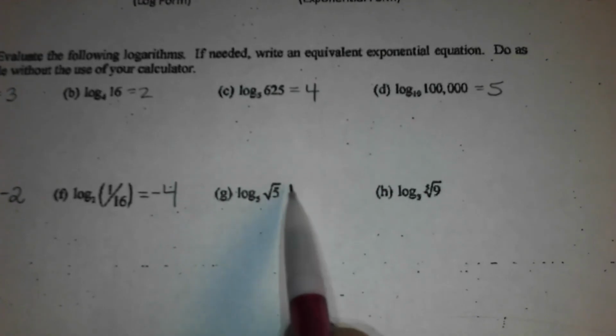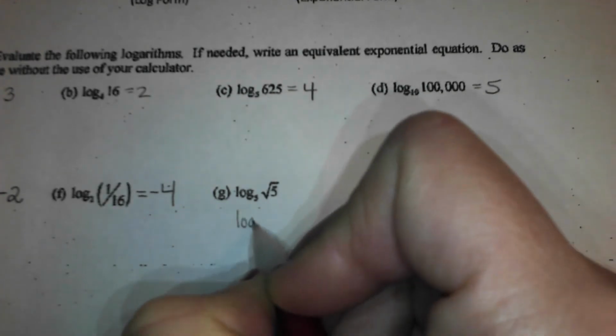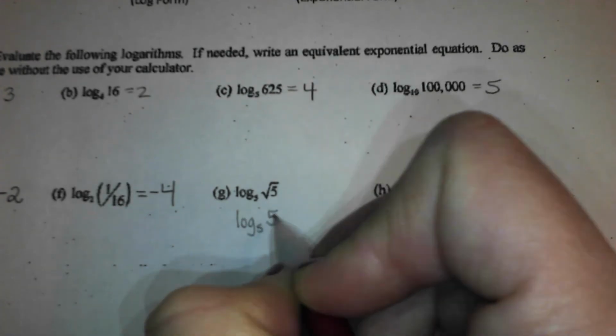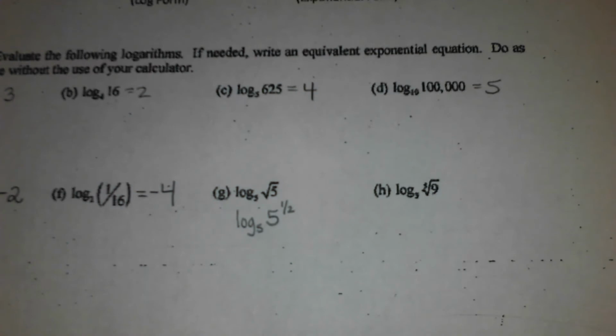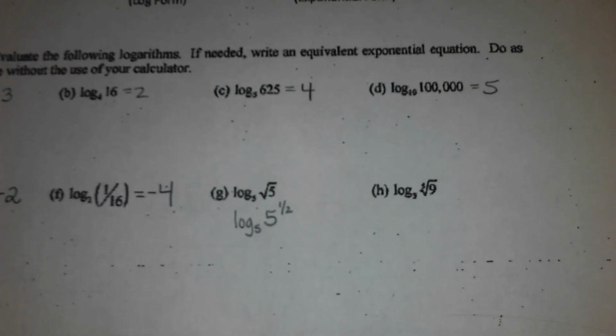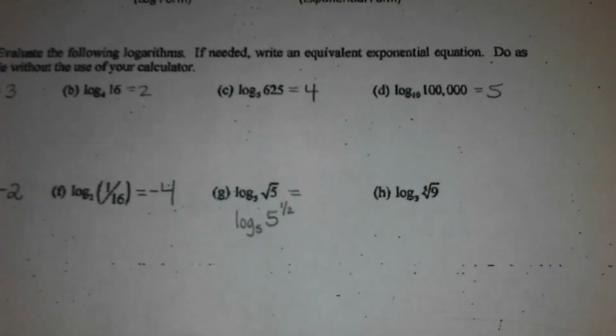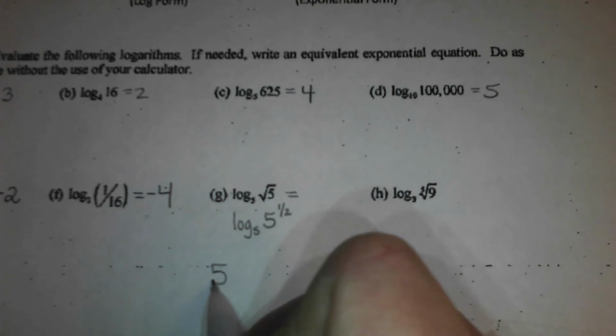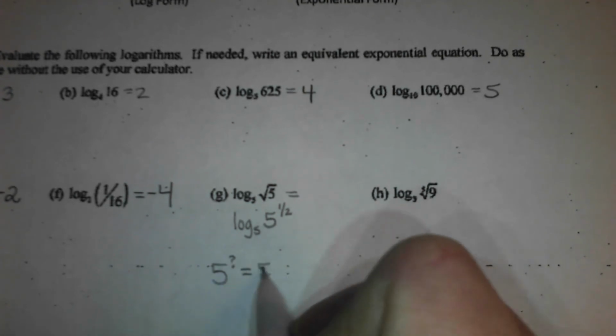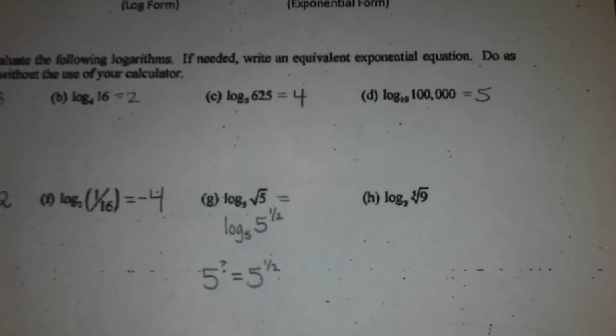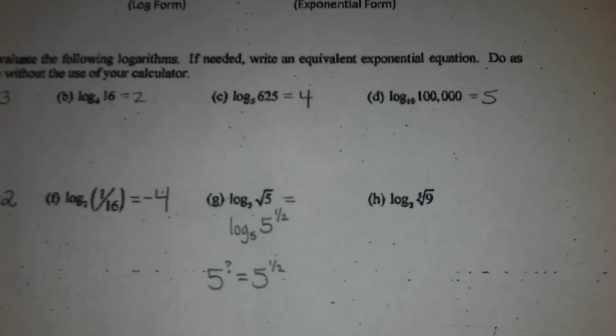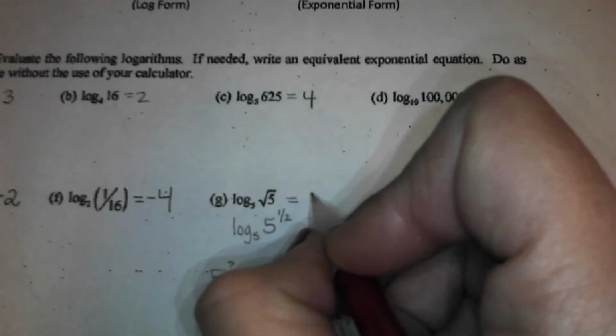So the square root of 5 is the same as 5 to the 1/2, right? So 5 to what power is 5 to the half? What would the question mark be? 1/2.